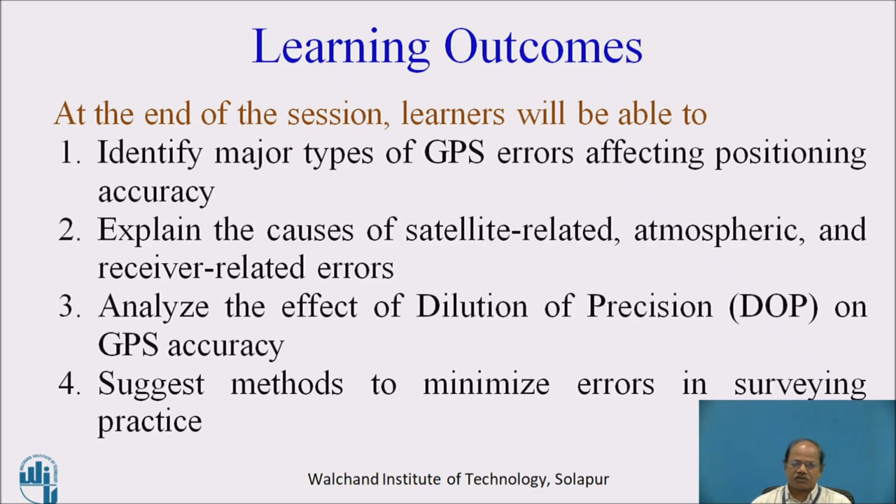The next learning outcome is the learner will be able to analyze the effect of dilution of position on GPS accuracy. And above all, the learner will be able to suggest methods to minimize errors in surveying practice.